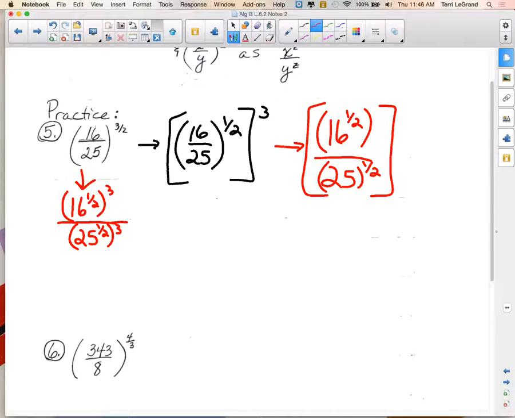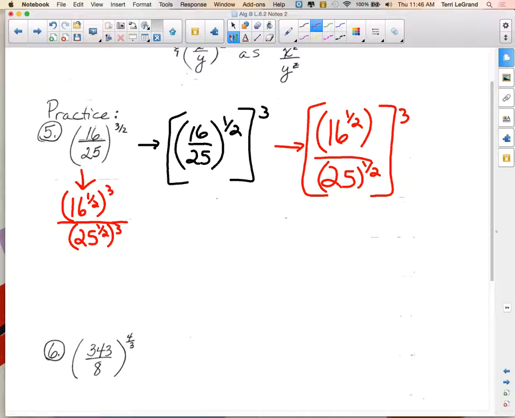And notice I still haven't done anything with the 3. All I did right now was give each of them their own. Now, what does 16 to the 1/2 power mean? We're not even going to worry about that 3 outside there right now. We're going to simplify this fraction that's inside our brackets here.